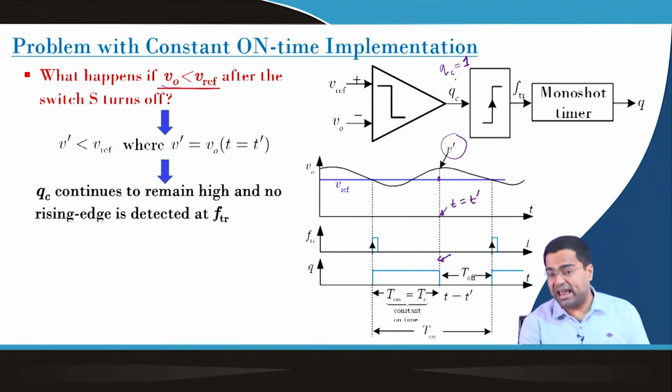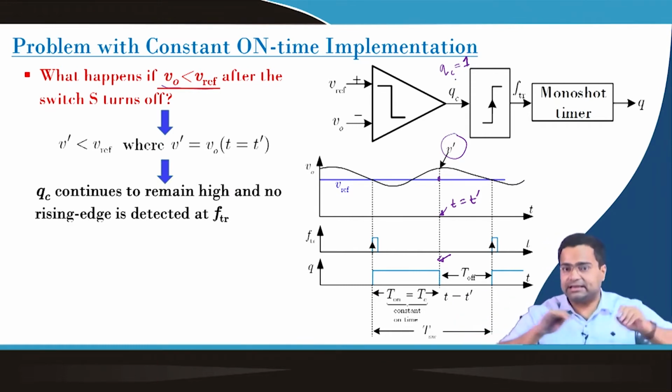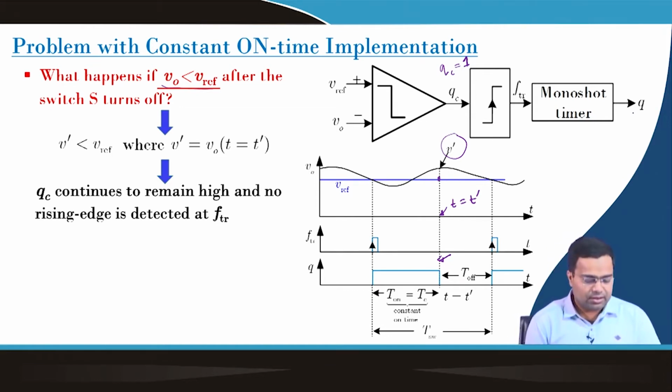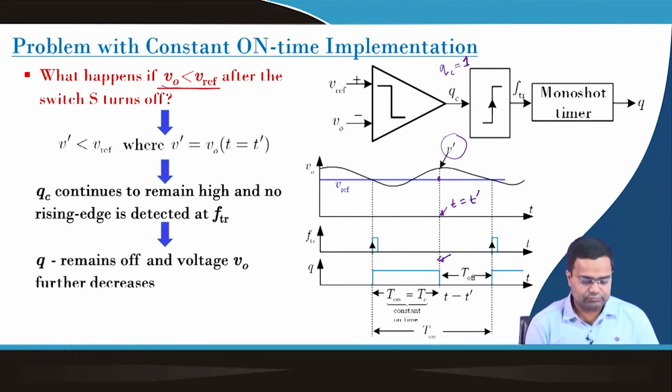But since there are no edges, it remains high, and the edge detection circuit could not identify an edge. So the timer is not triggered, the switch remains off, and V0 further decreases.